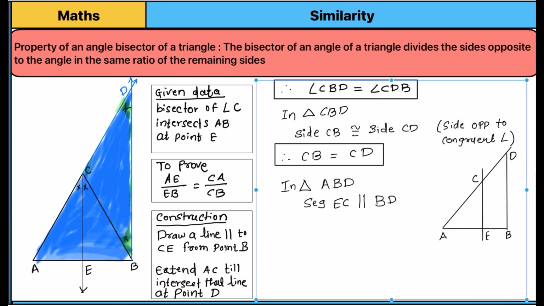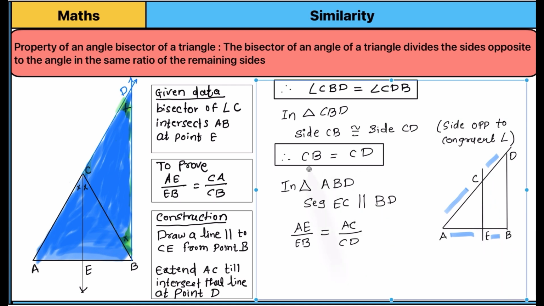So based on the basic proportionality theorem, we can say AE upon EB is equal to AC upon CD. You can visit our video on the basic proportionality theorem if you are not understanding this. I'm just repeating once again: AE upon EB is equal to AC upon CD.